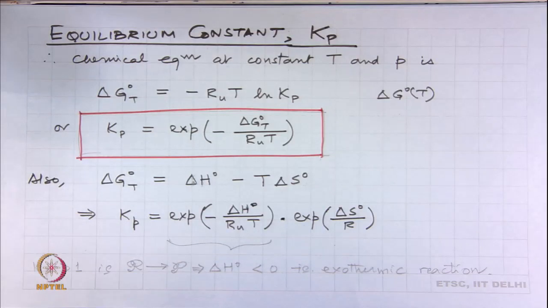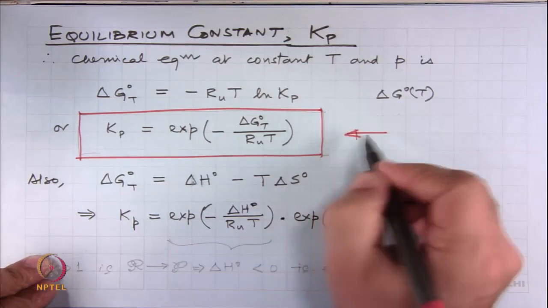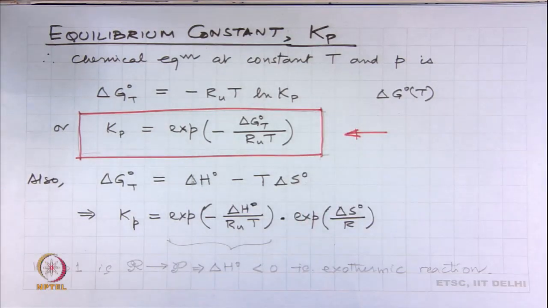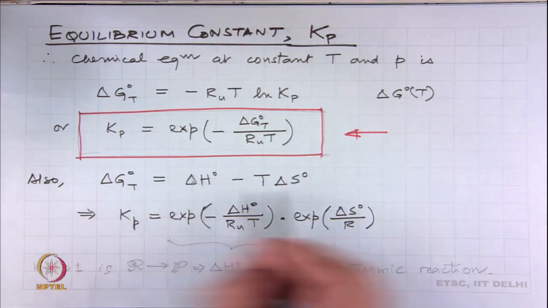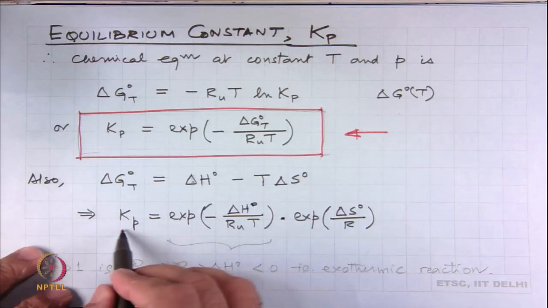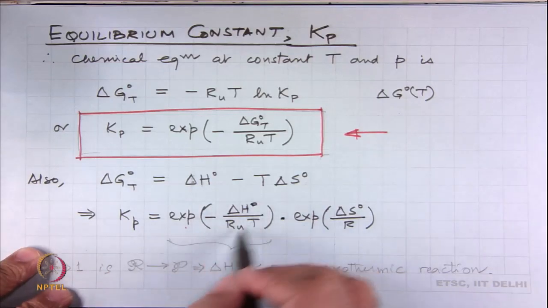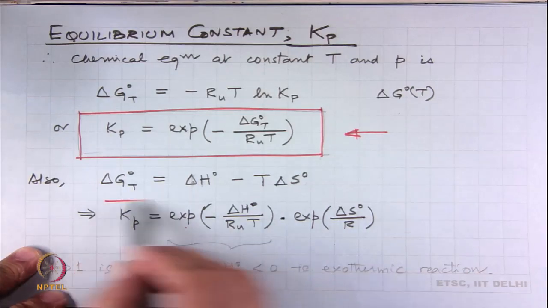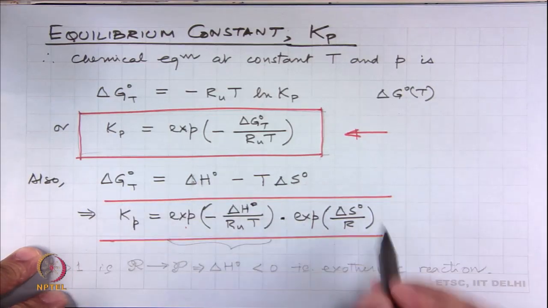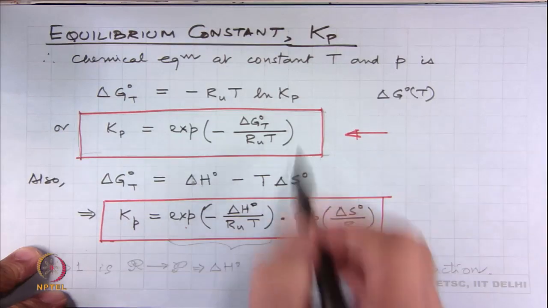This is an important expression in all of chemical reactions. We can express delta G T 0 in terms of enthalpy and entropy, and then K p is exponential of minus delta H 0 upon R u T times exponential of delta S 0 upon R u. So, this is yet another expression we get.